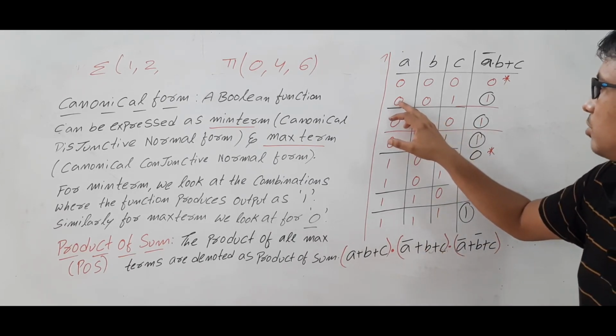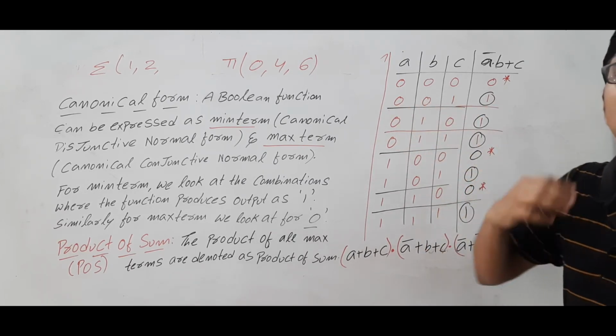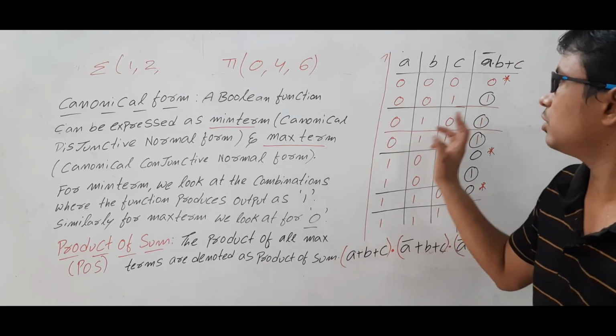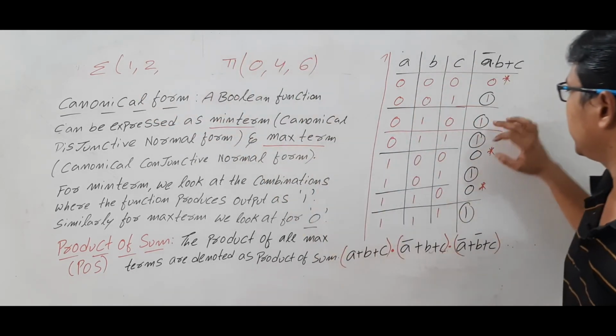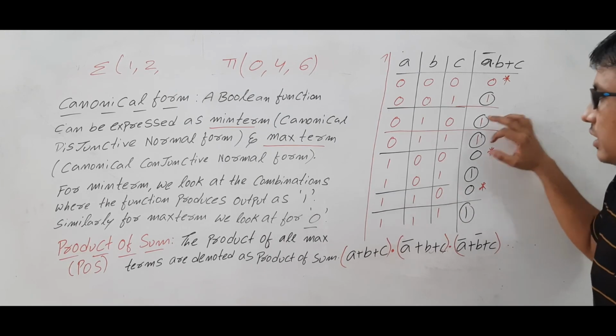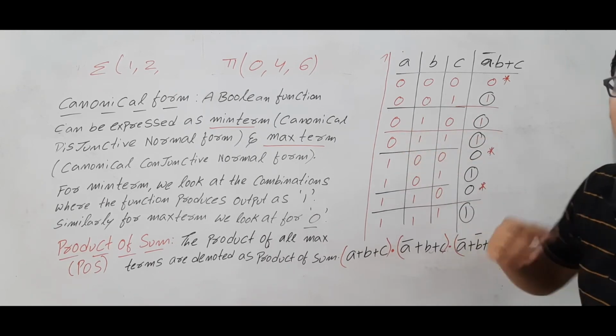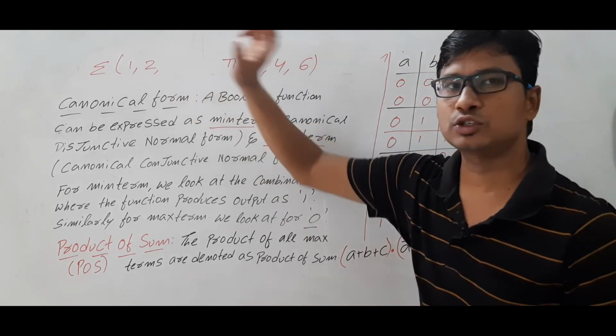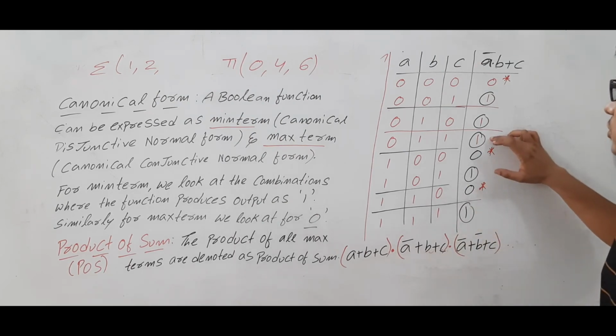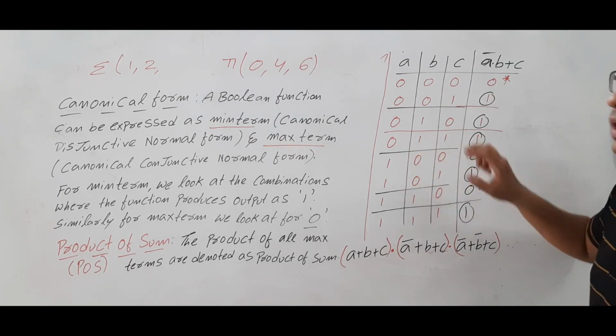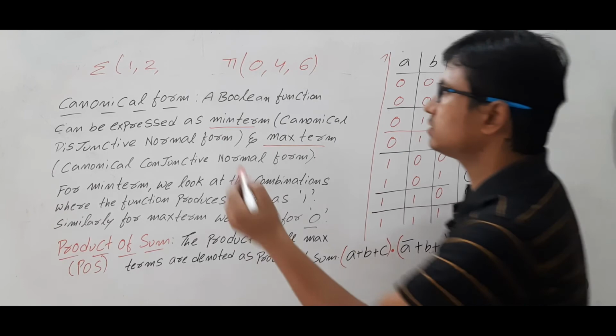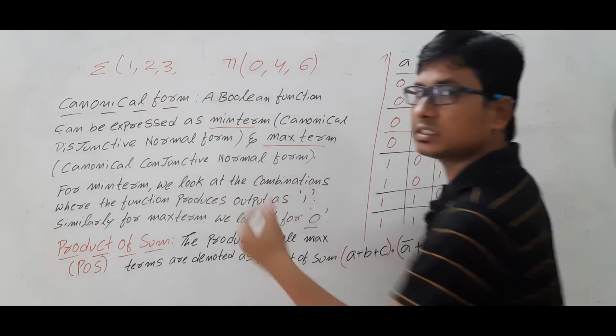So these 5 combinations, the function is producing the output as 1. So what is the first combination? 0, 0, 1. Convert into decimal number. 0, 0, 1 is nothing but 1. Then again it is producing the output as 1 here, 0, 1, 0. Convert into decimal number. It is 2. And again it is producing here 0, 1, 1. What is the decimal number? 3. Are you able to understand?